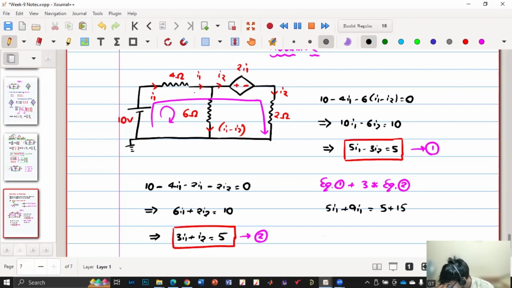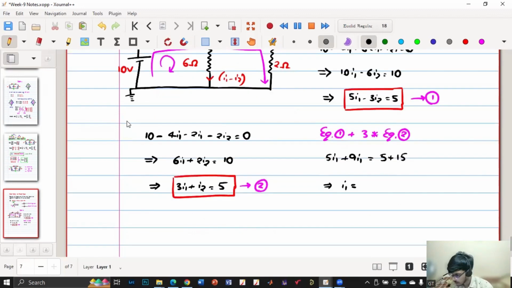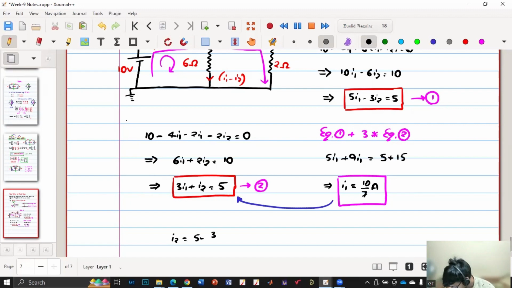That implies I1 is 20 by 14, or 10 by 7, so 10 by 7 amperes. This is our I1. If you substitute this I1 in this equation, you will get I2 is 5 minus 3I1, which is 5 minus 30 by 7. So I2 is 5 by 7.